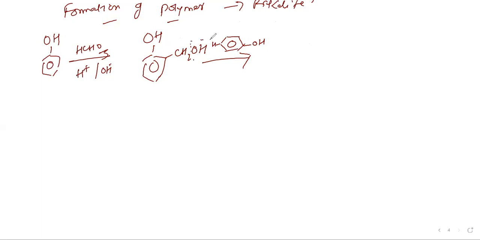These two will condense, right? Since this is a condensation reaction, this is how it will condense, right? So you have CH2, then you have this. Right, this is a polymer.